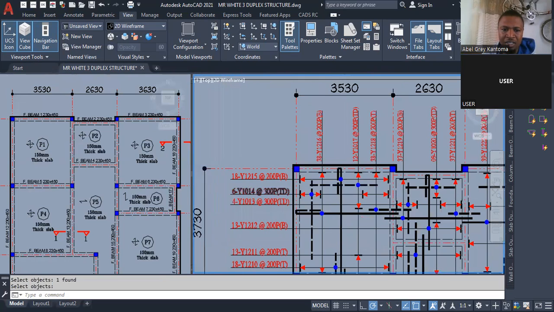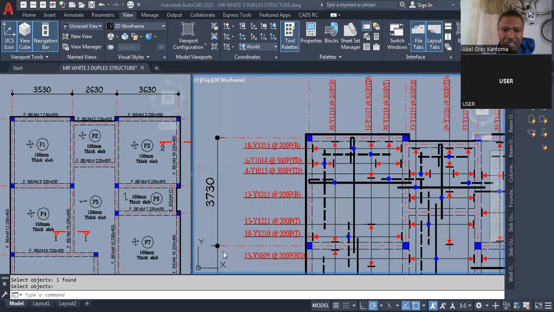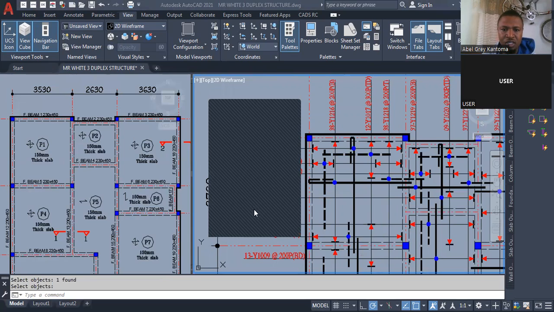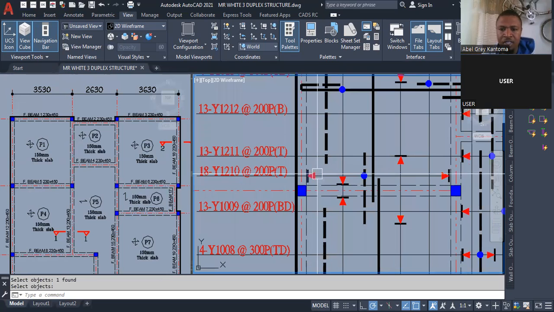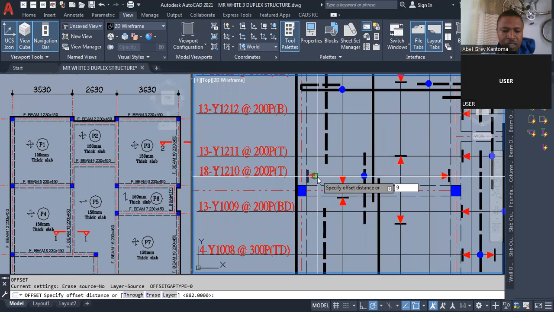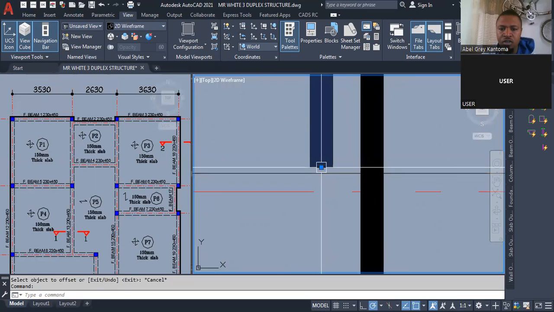So for 3,730 divided by 4, you are going to have 932.5. So if you offset 932, or let's say 933, enter, you offset here. Good. You can see I have to stretch this a bit.